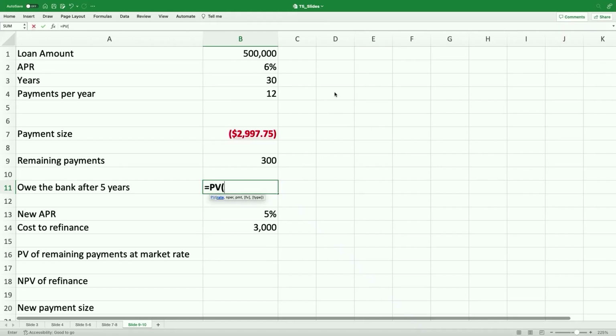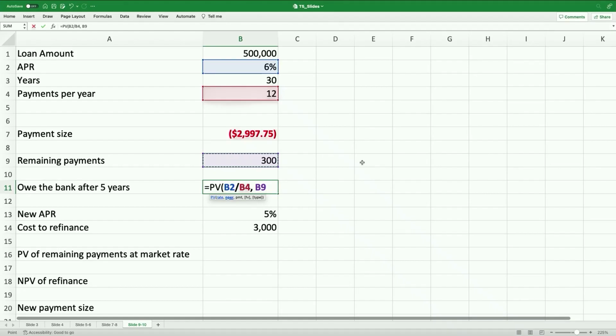Well, the present value of a remaining set of payments is an annuity present value. So this is the PV function. So we say equals PV. Our stated contractual rate is the 6% divided by 12. Remember, how many payments are remaining? So the N per, the number of periods left, 300.